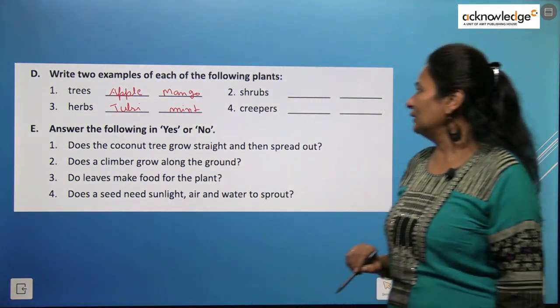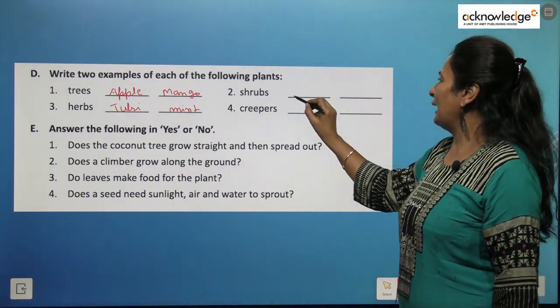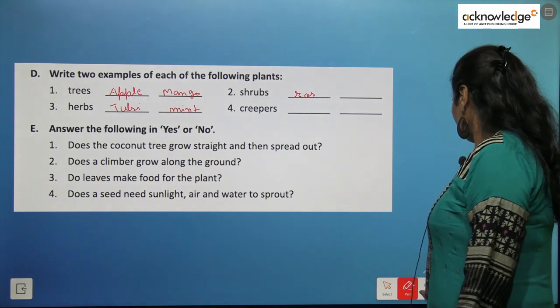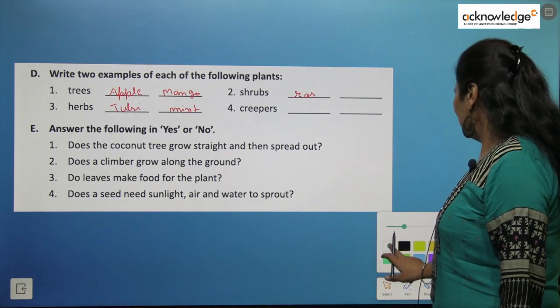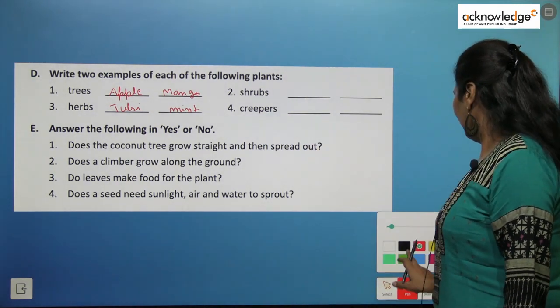right? Shrubs. Shrubs are small plants but they are strong. So examples of shrubs are rose and sunflower, right?